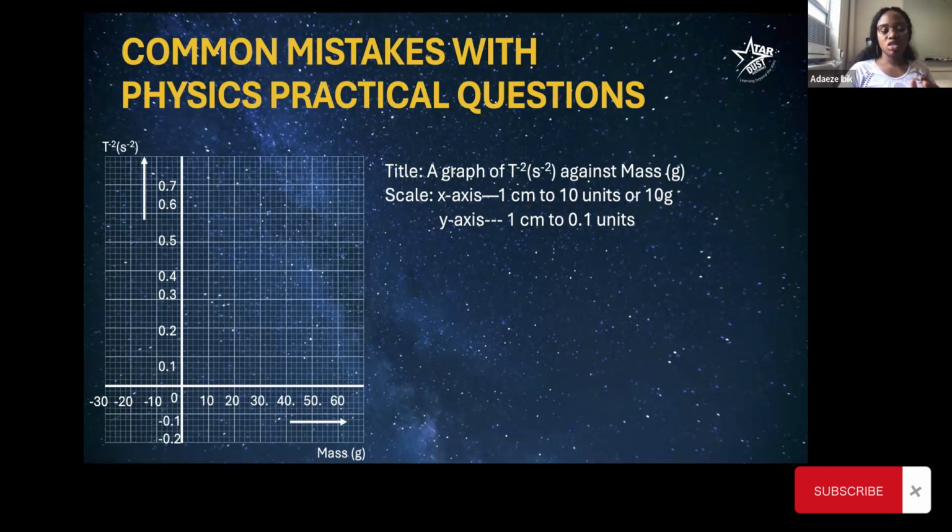You want your points, or your graphs, to start from the origin. There are a few occasions where you may not. For example, if I am struggling to fit my points, I could decide that instead of starting from the origin here, I break it up. So if you're not going to start from the origin, you have to indicate it by breaking up this region, so that it shows that it doesn't mean that everything going forward is from the origin.